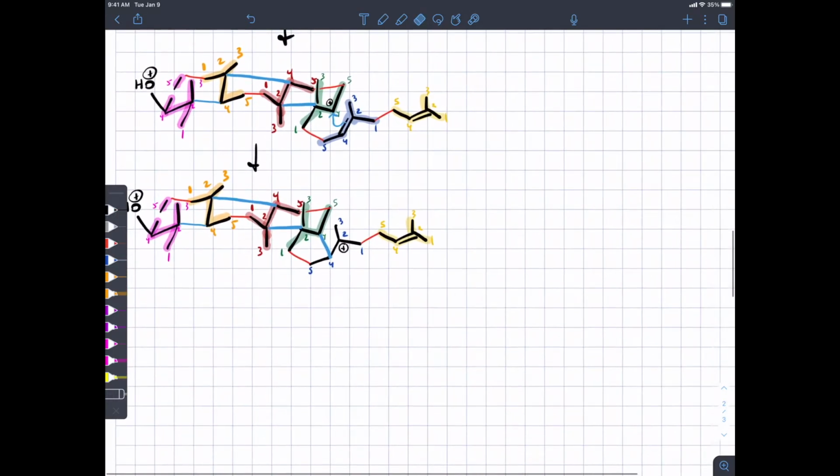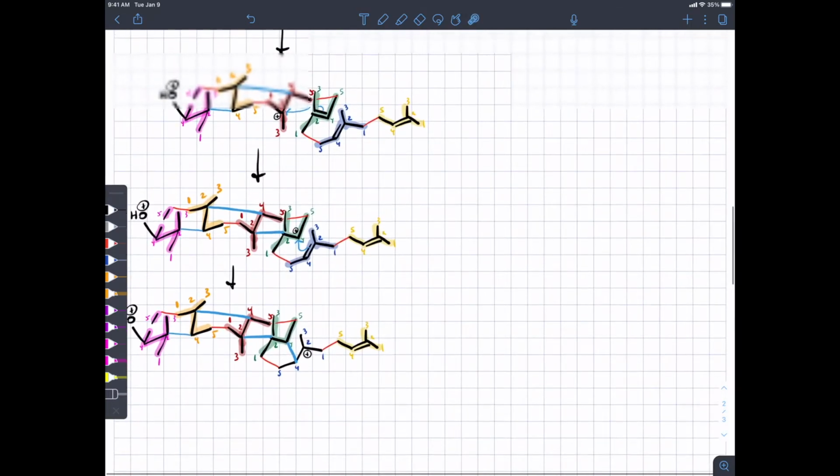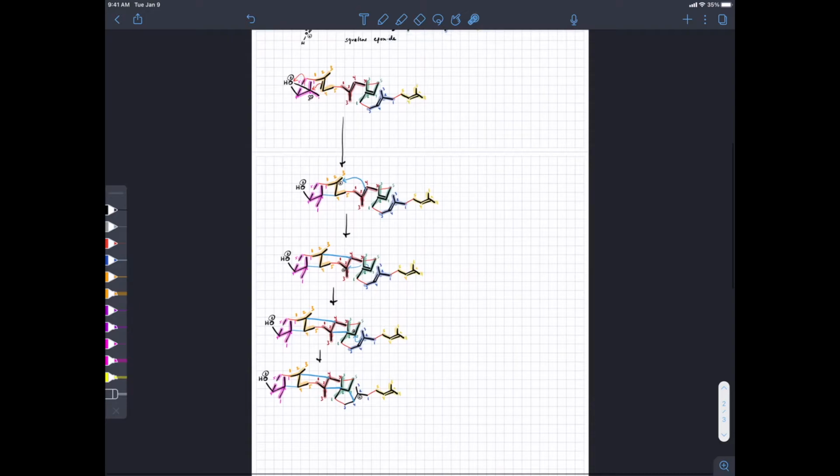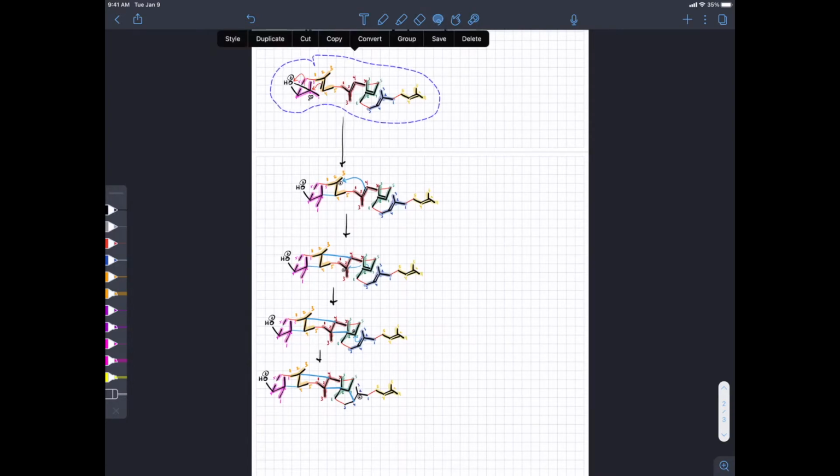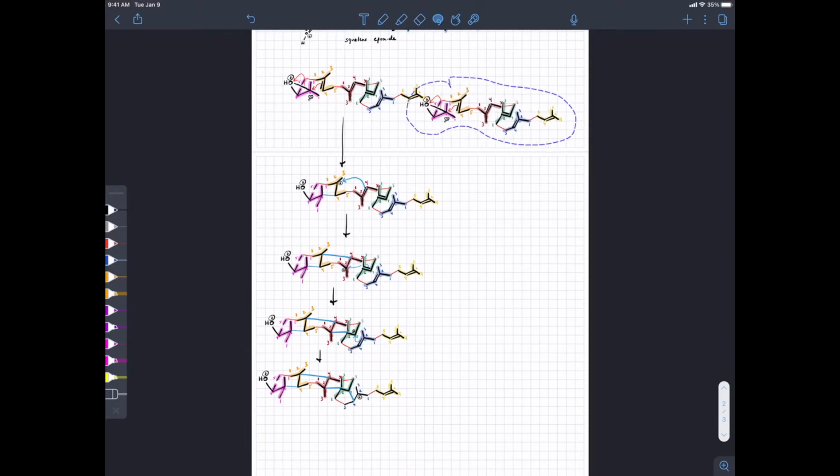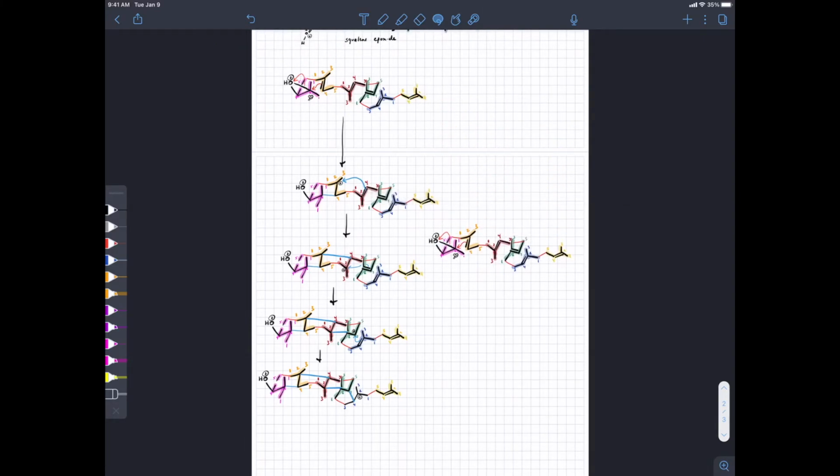Okay, so in that process, from where we started with the epoxide to where we are now, we've stitched together 4 rings. We've made 4 carbon-carbon bonds, and we've made 4 rings. And for fun, I will show you what your text will show you in terms of how this sort of happens.